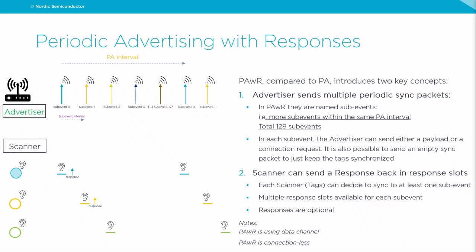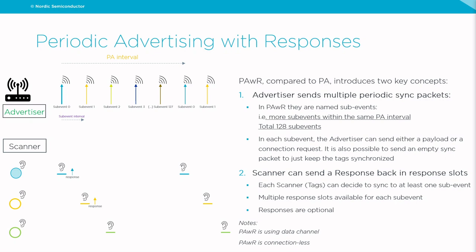Compared to periodic advertising, the new periodic advertising with response introduces two concepts. The first concept is that the advertiser, in this case the access point, can send multiple periodic sync packets within the same periodic advertising interval. These sync events are named sub-events, and there can be a maximum of 128 sub-events.